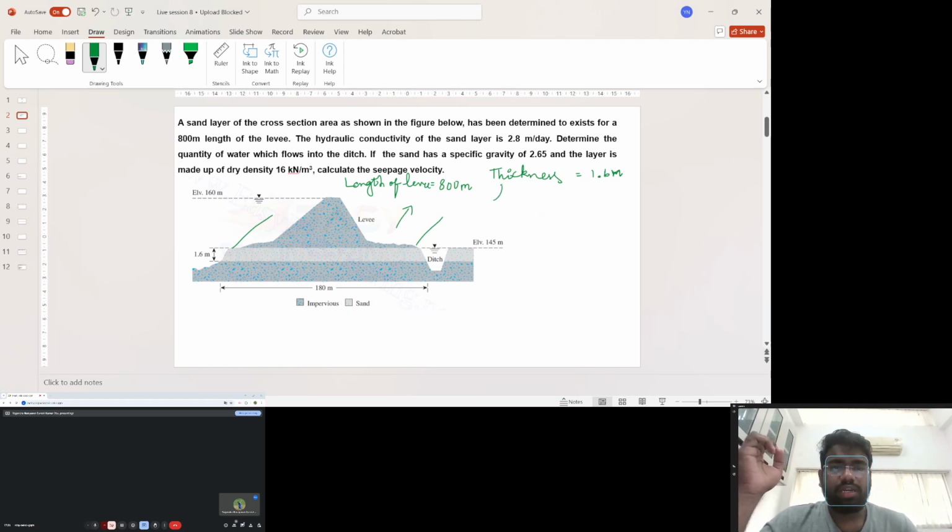Now hydraulic conductivity is given. K will be 2.8 meter per day.